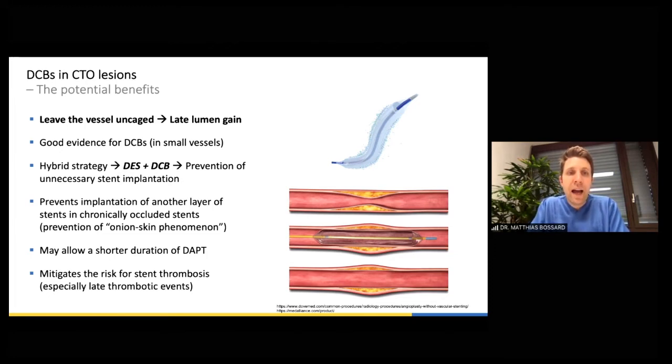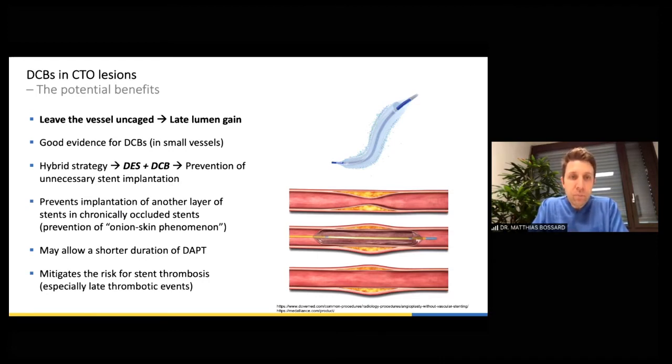By using a hybrid strategy, meaning combining drug-coated balloons and drug-eluting stents, maybe just using a drug-eluting stent at the occlusion site or at the site where you deal with a very calcified lesion, you could spare some stents and prevent unnecessary stent placement.